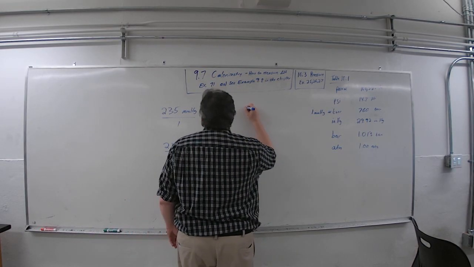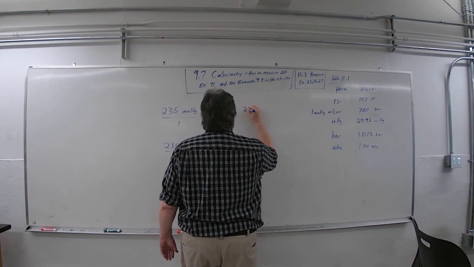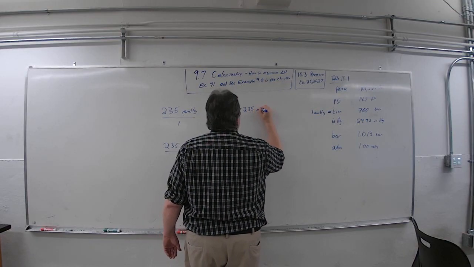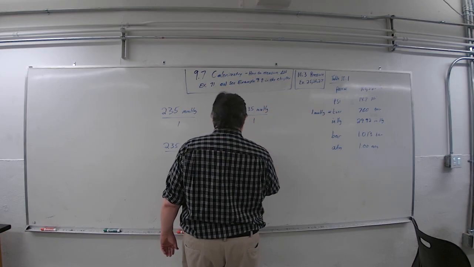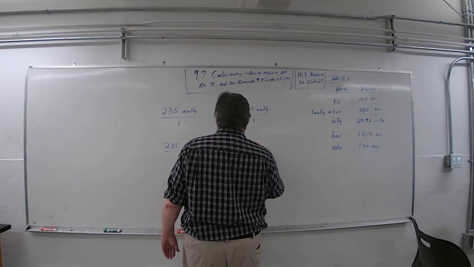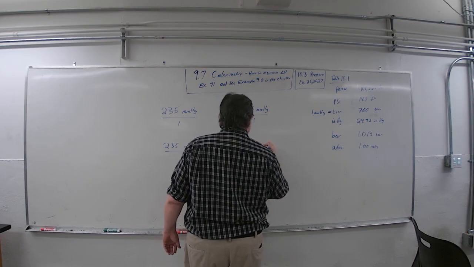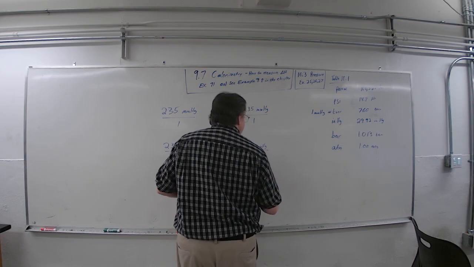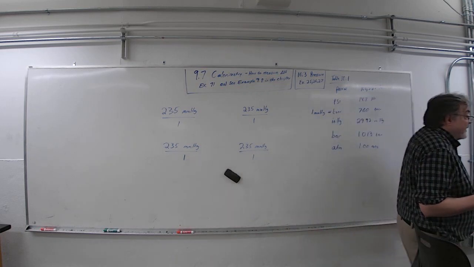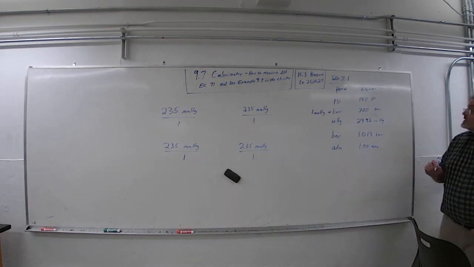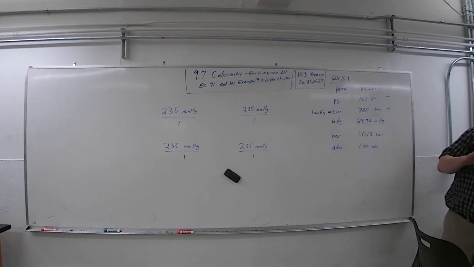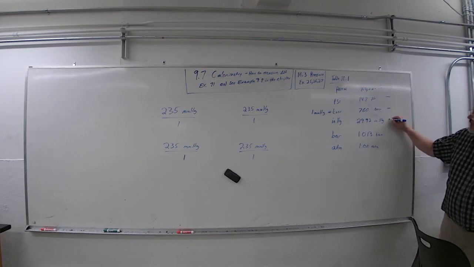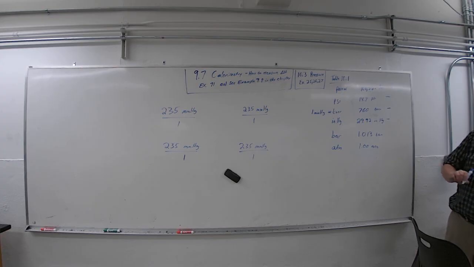And it's asking me to convert that to these other ones. Let me get it set up. Millimeters of mercury. All right. And it wants it in torr, PSI, inches of mercury, and atmospheres.